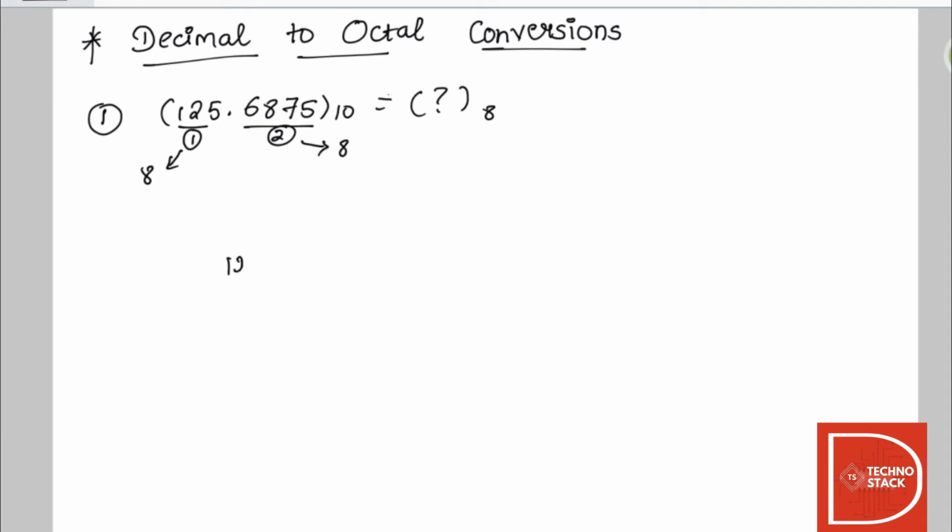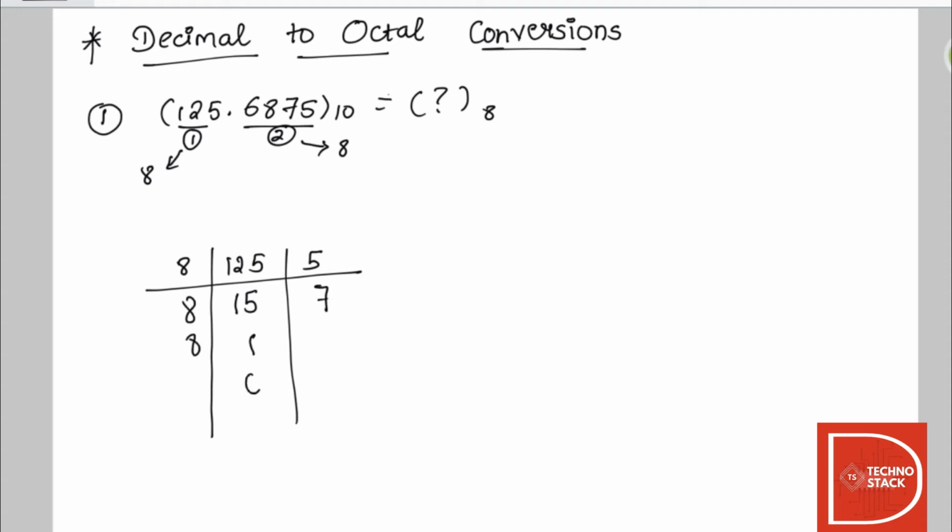So what we'll do is we'll first take the integer part of it and divide it by 8. Eight 15s are 120, and we get remainder 5. Then 8 1s are 8, we get remainder 7, and then 8 zeros are 0 and the remainder is 1.